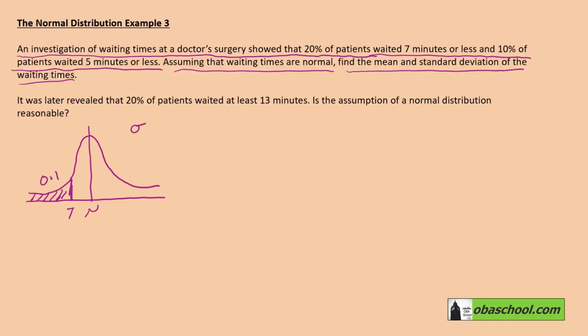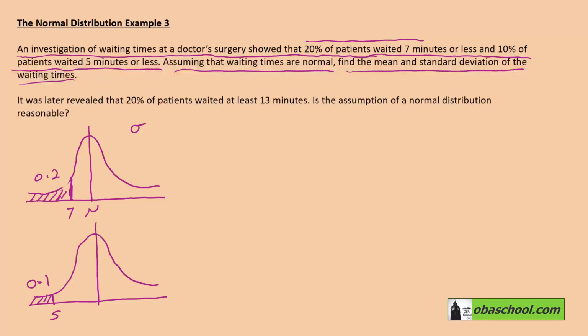Sorry, 0.2, 20% of patients 7 minutes or less. And the 0.1 is if the waiting time is 5 minutes or less. So 5, and that probability is 0.1.